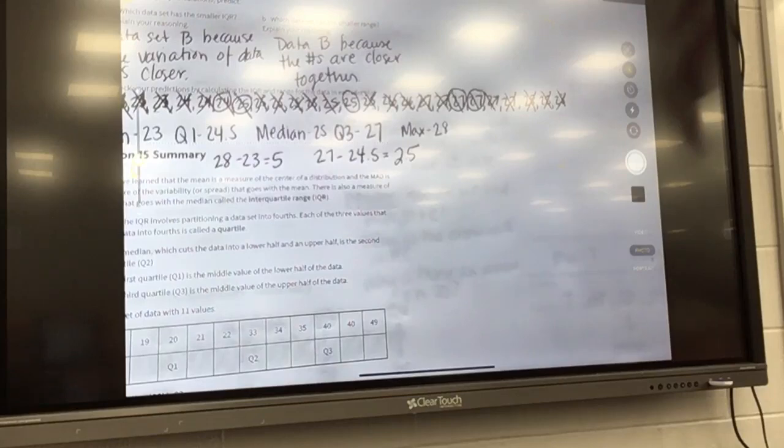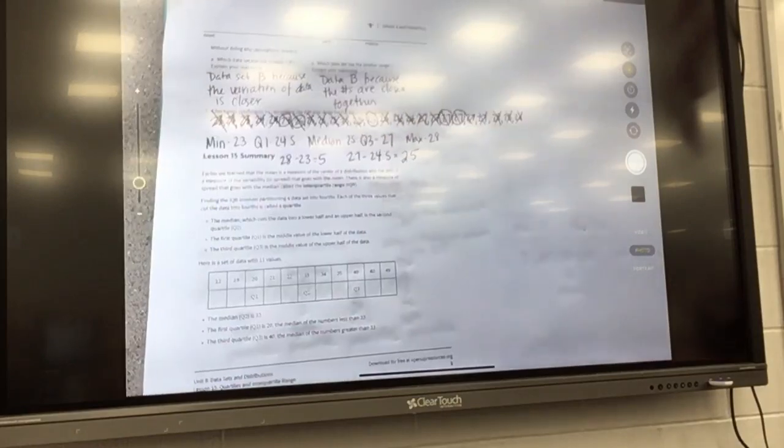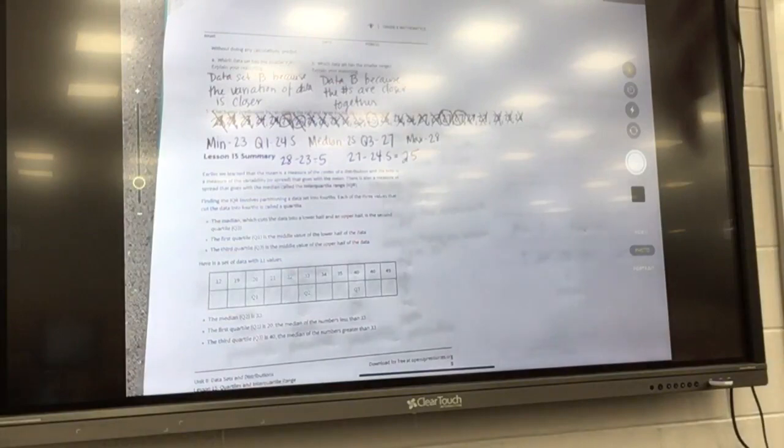That is our lesson on quartiles and interquartile range. So you are going to get a cool down. Please make sure that you read all of the directions on your cool down. Stop moving.